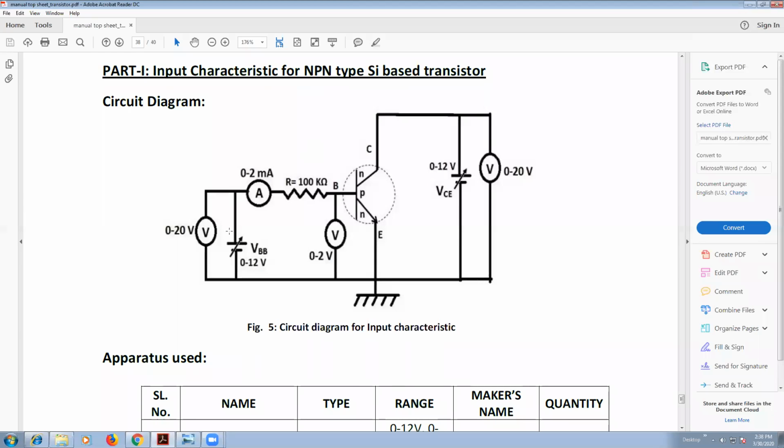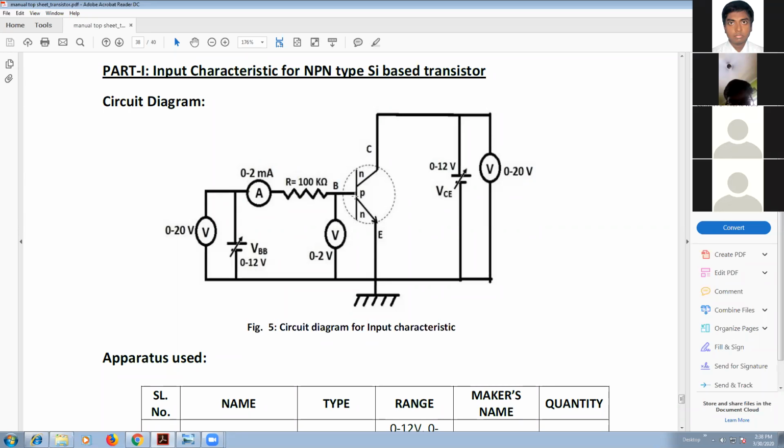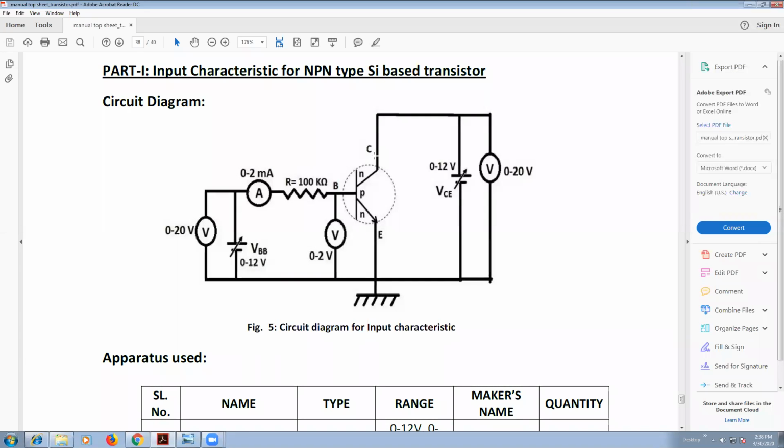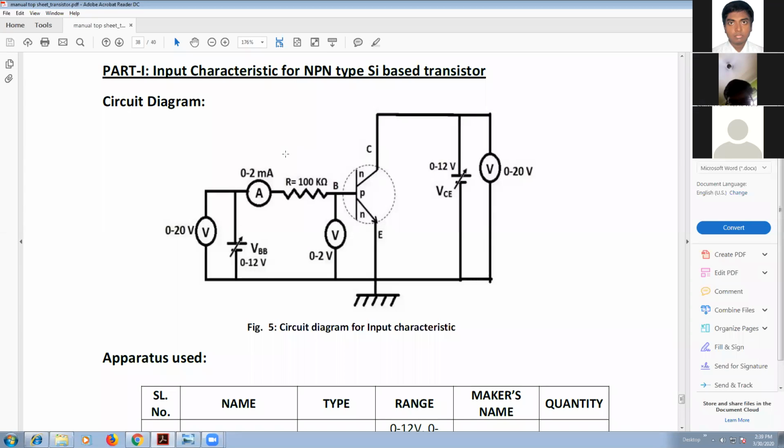So you can see here there is the NPN transistor, the symbol of NPN transistor. The middle one, B, means base, and here E means emitter, C means collector. I repeat it: B for base, E for emitter, C for collector.